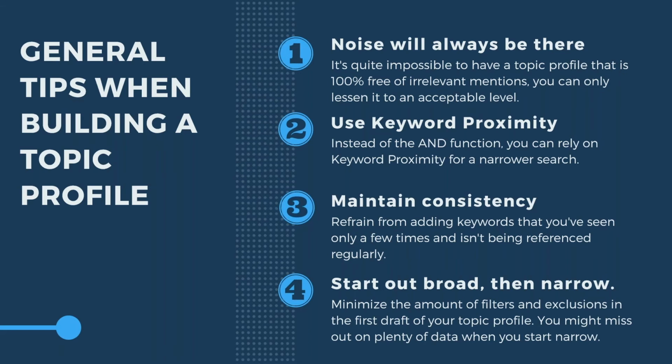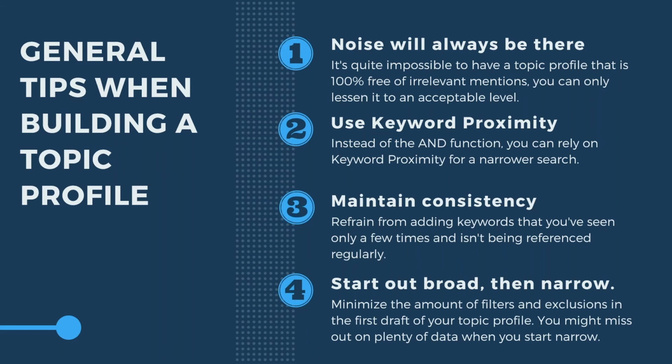Let's say you can only have around 500,000 estimated monthly volume across your topic profiles, because each topic profile, once you save it based on the keywords, calculates an estimate of how much it's going to pull in, and that's what's being monitored by Salesforce.